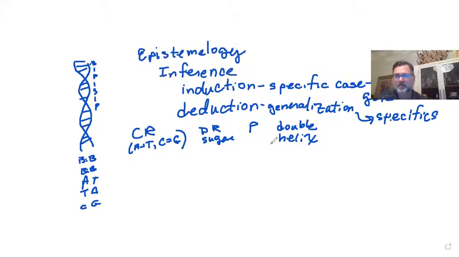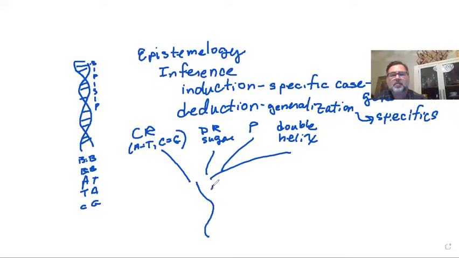What's the backbone made out of? How are the bases arranged? And what they did was they put all this together and came up with the double helix. So they're able to generalize and say all DNA is made up like this. They took specific things, put it together, and came up with a great case of induction.